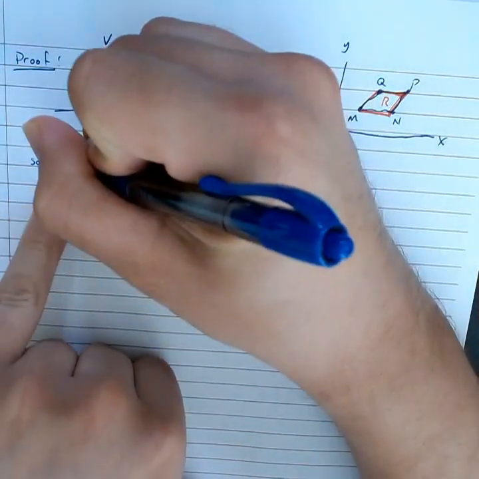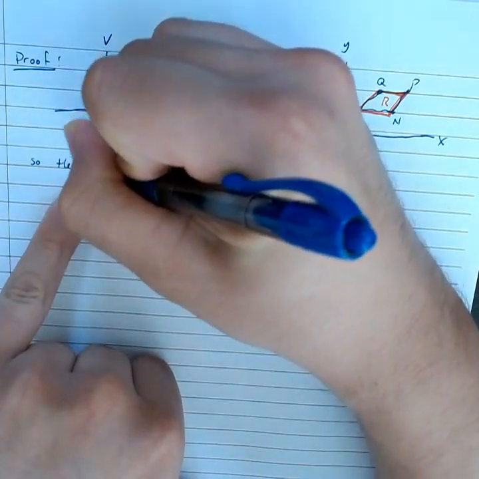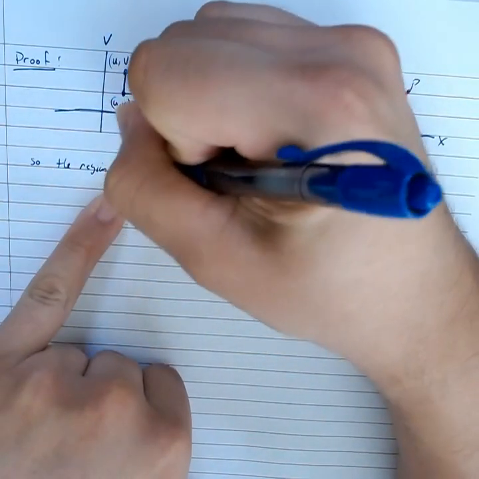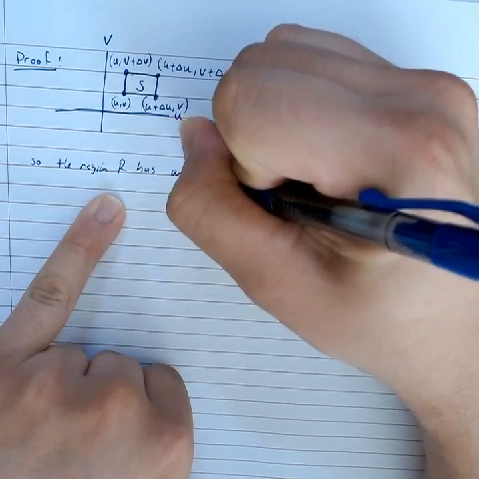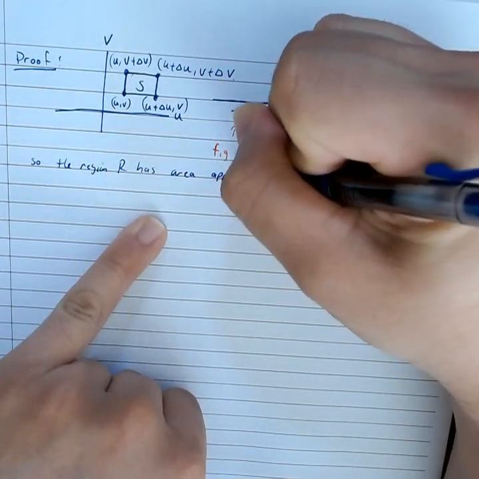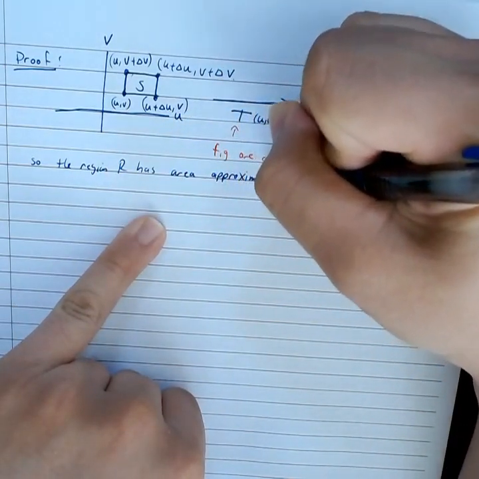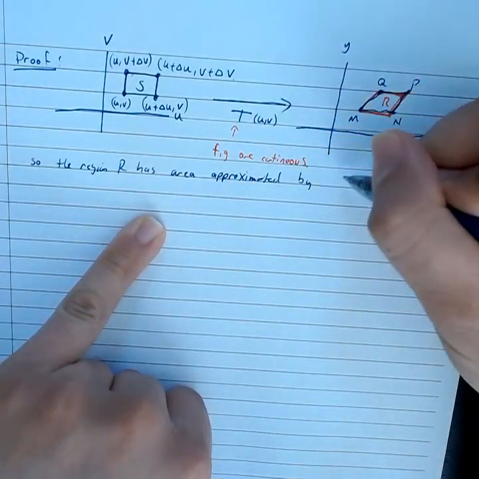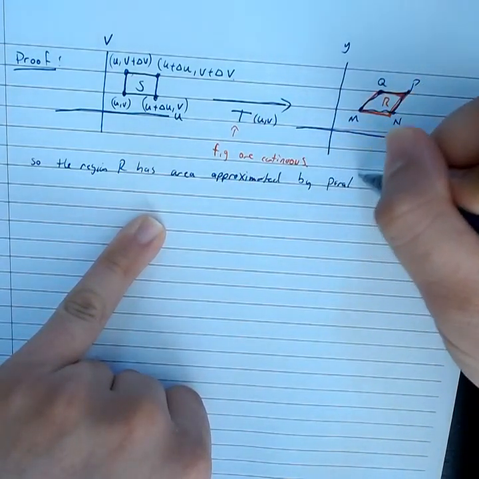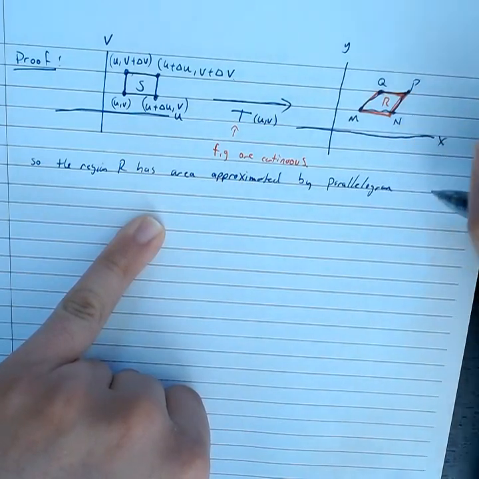The region R has area approximated by the parallelogram MNQP.